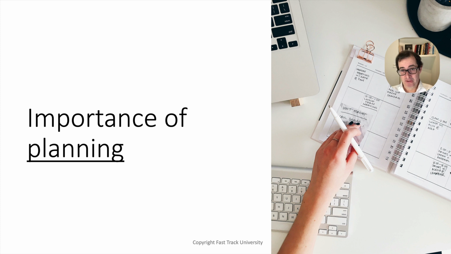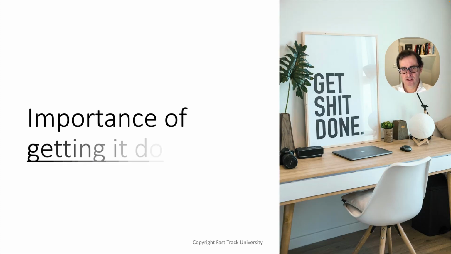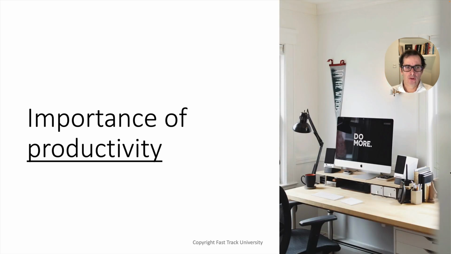That will help you throughout your studies, of course, no matter what. Also closely related to that, it's about getting things done by using this matrix, but also the importance of productivity. This is about prioritizing such that you move forward and you start focusing on the things that are important. Whether they're urgent or not urgent, that's another aspect there. But this is really helpful for you to move forward.